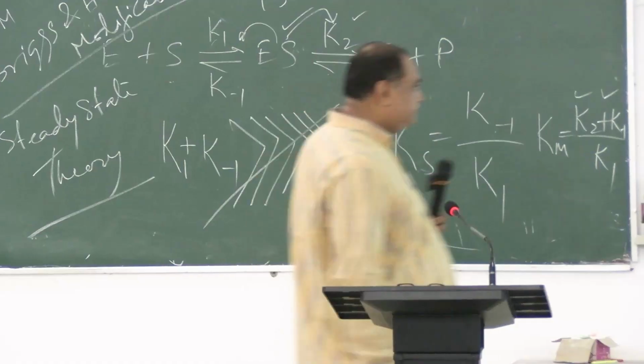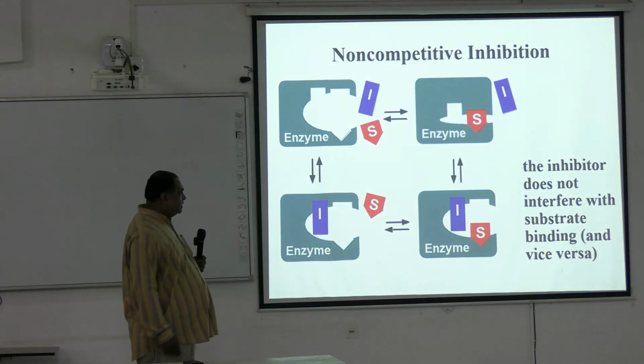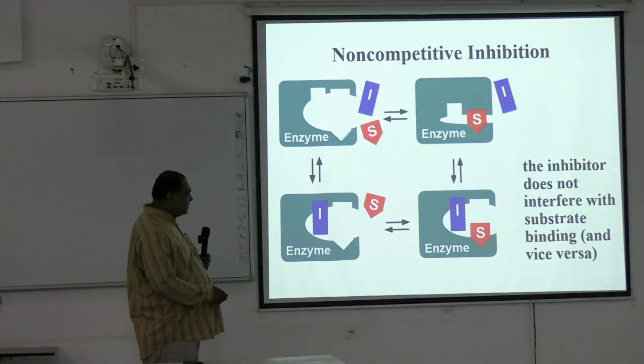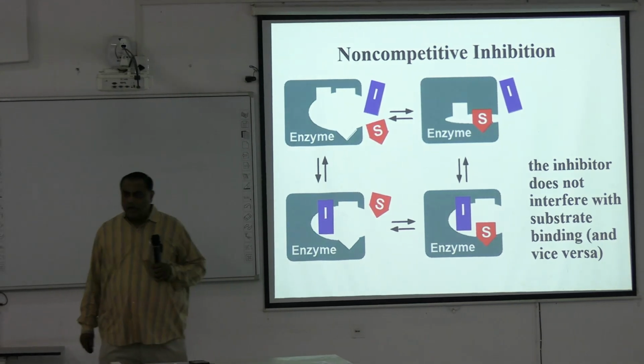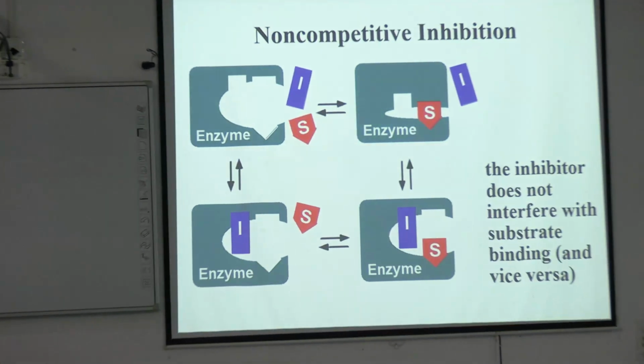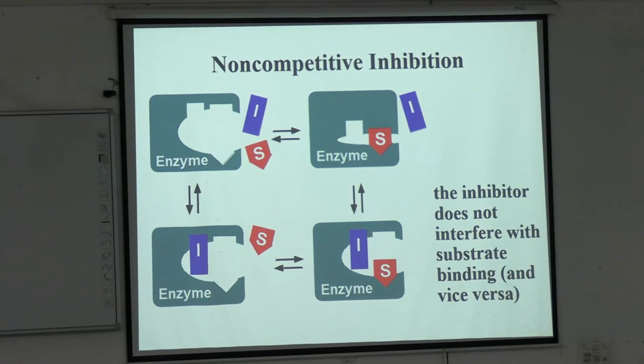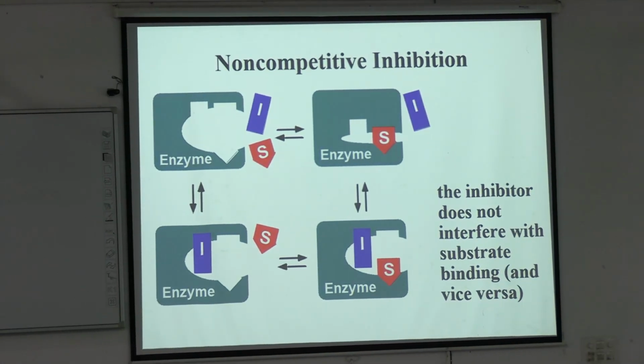Non-competitive inhibitor. The inhibitor does not interfere with substrate binding and vice versa. Unlike a competitive inhibitor, it does not compete with the same sites. It means you and your friend have two chairs to sit.